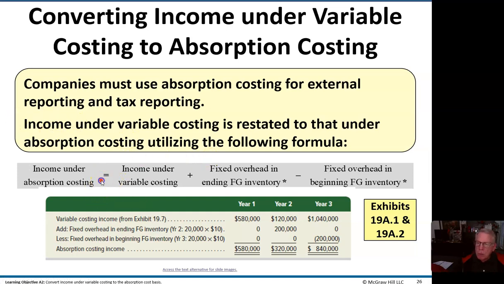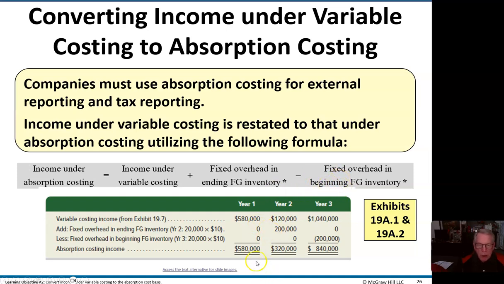Income under absorption costing is equal to income under variable costing plus the fixed overhead in ending inventory minus the fixed overhead in beginning inventory. So for finished goods inventory, beginning is subtracted, ending is added. We're looking for that change.